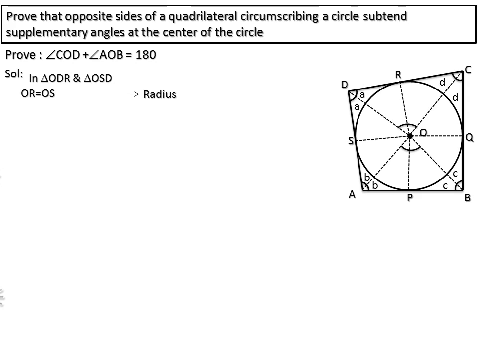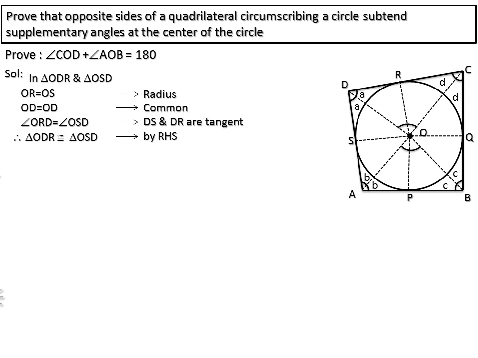because both are radius. Then OD equal to OD, both common, and angle ORD equal to angle OSD. The reason is DS and DR are tangents, and we know tangents are perpendicular to the radius.